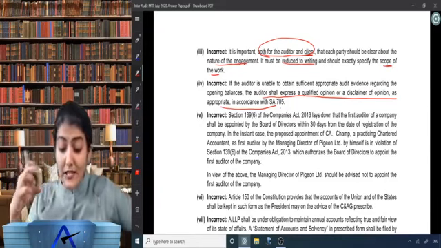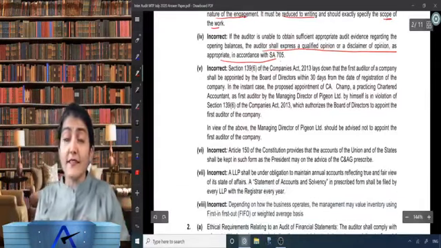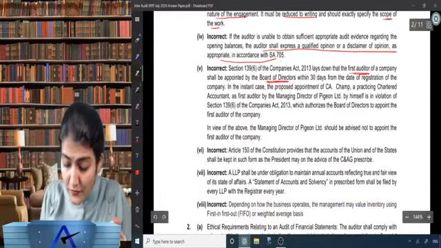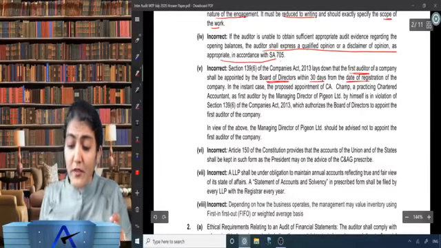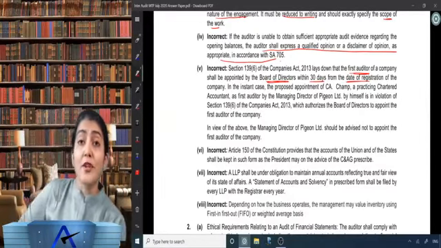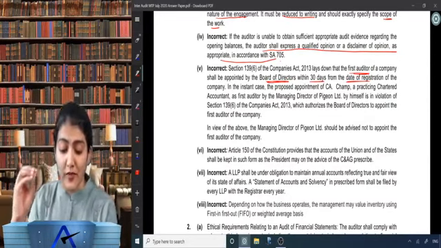So section 139 subsection 6 of the Companies Act 2013 lays down that the first auditor of a company shall be appointed by the board of directors within 30 days from the date of registration of the company.